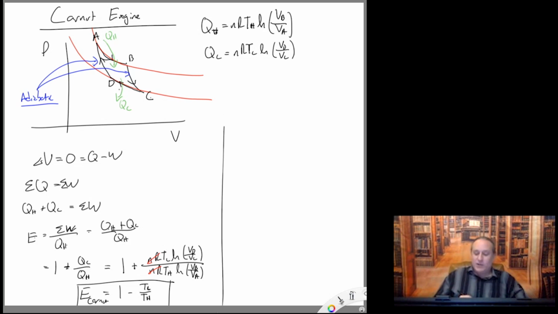So let's see if we can do it. We want to find the ratio for VD over VC. So I'm going to use the ideal gas law, PD VD equals nR TD, and PC VC equals nR TC. And I'm going to just divide those two equations.